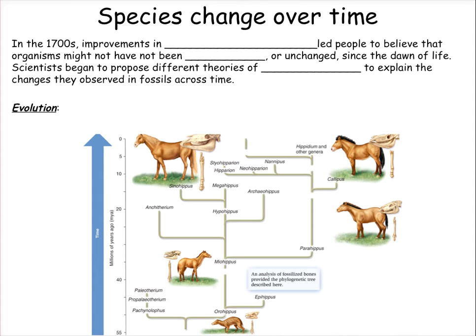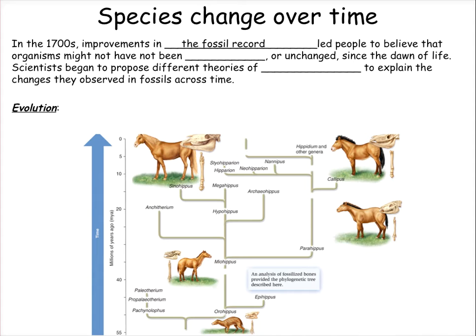However, in the 1700s, progress in the field of paleontology resulted in significant improvements in the fossil record. Many paleontologists began to find fossils of strange organisms that had never before been seen and that were different from any presently living organism.